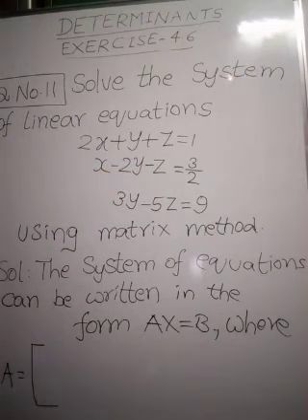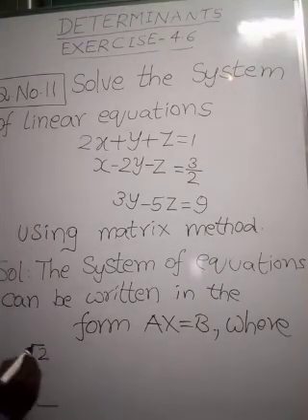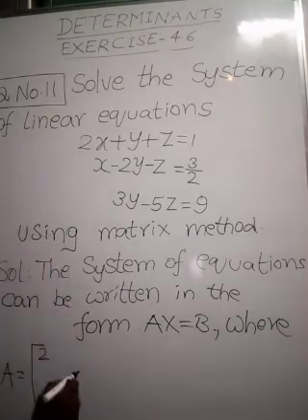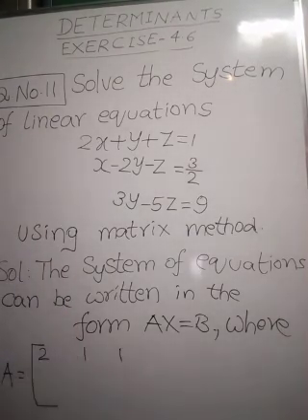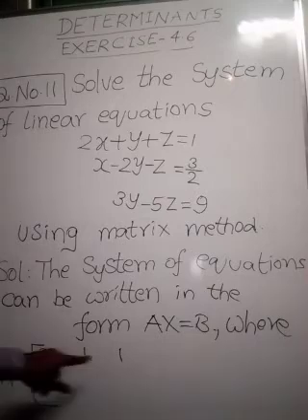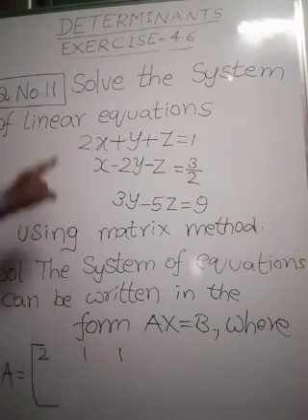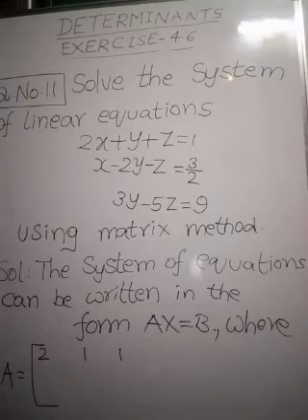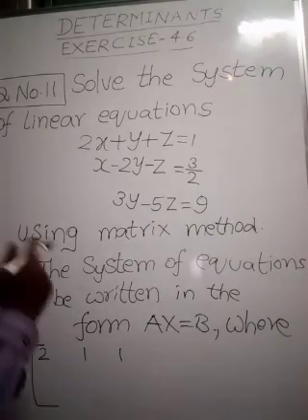X coefficient is 2, y coefficient is 1, z coefficient is 1. Is it clear, my dear children? These are the first row elements. Now come to the second equation.